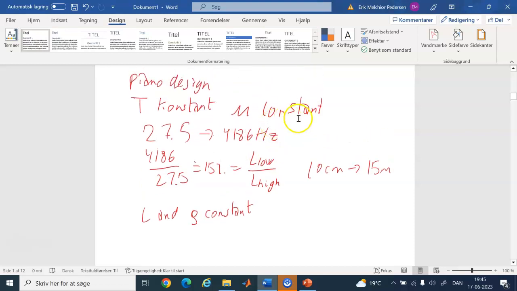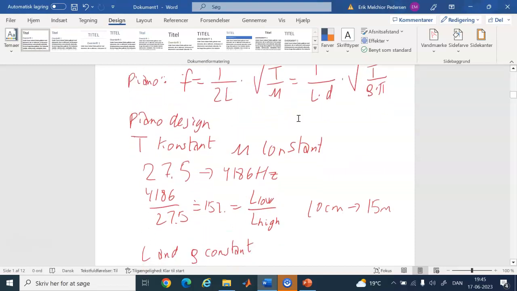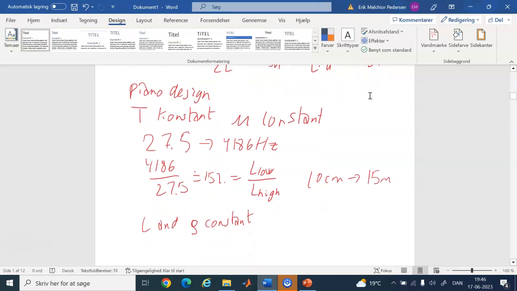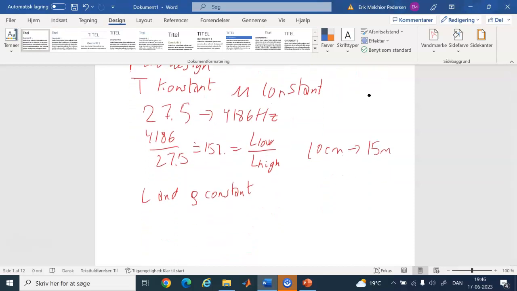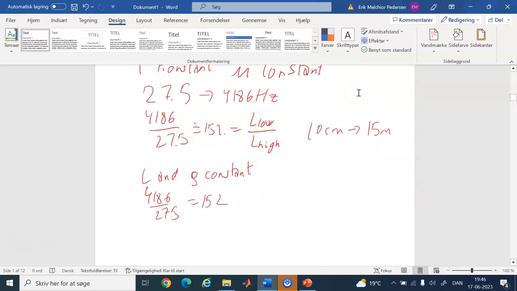It shows up again that L and rho are constant, so we get this fraction, and that means that D low to D high is that ratio.